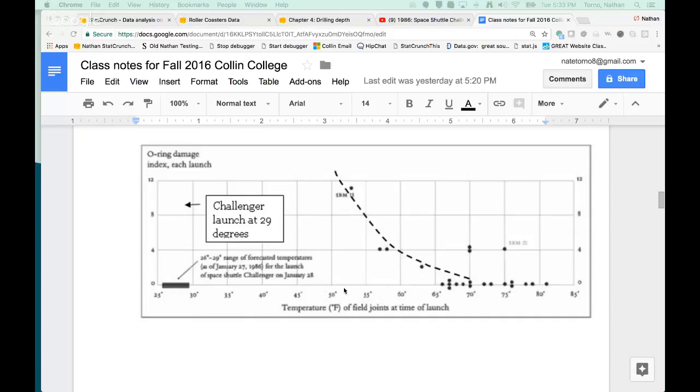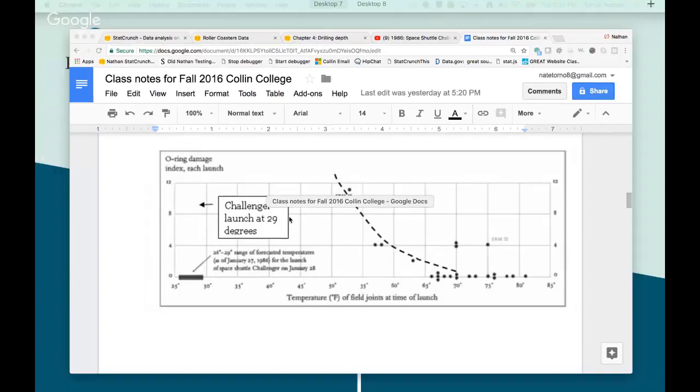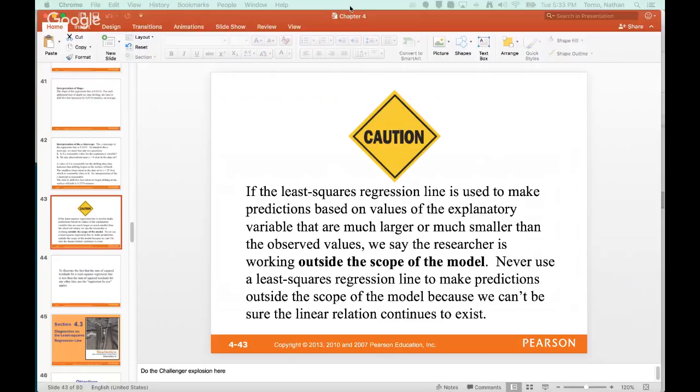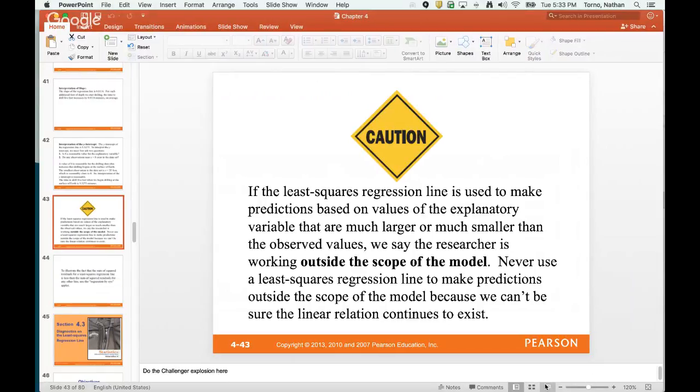But in this case, we're talking about 25 degrees below any previous data. There's no way for us to use this data over here to accurately predict over here. So again, just be careful. Do not go outside of the scope of the model when you're doing regression.